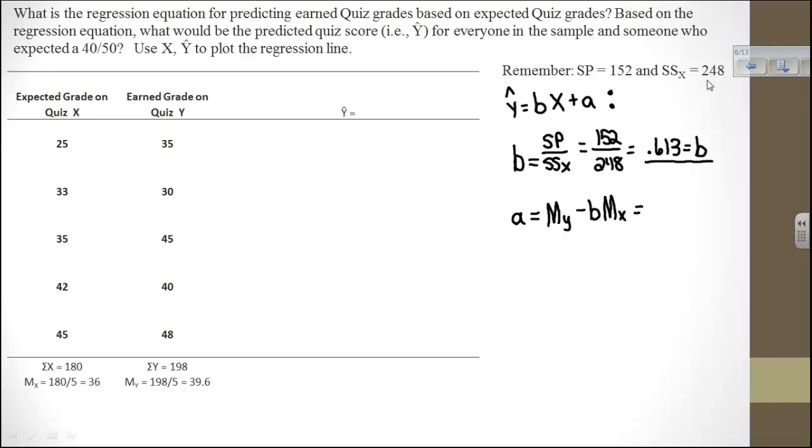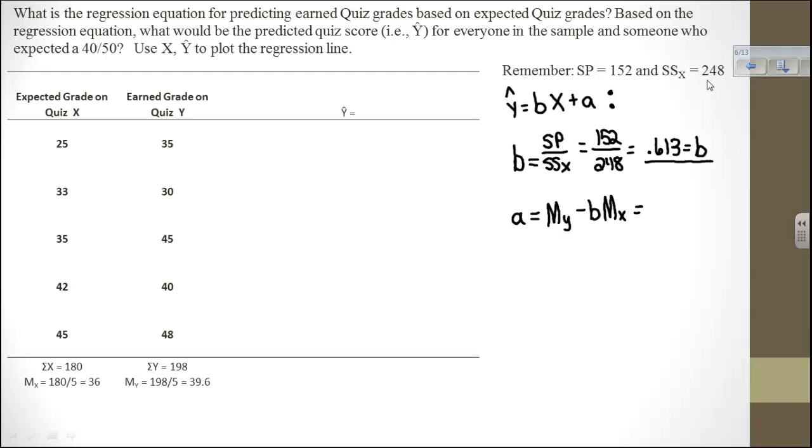Remember, b tells you the expected change in y for each increase in x. In other words, for each additional point that you would expect to get on the quiz, I would expect a 0.613 point improvement on your actual earned grade on your quiz.